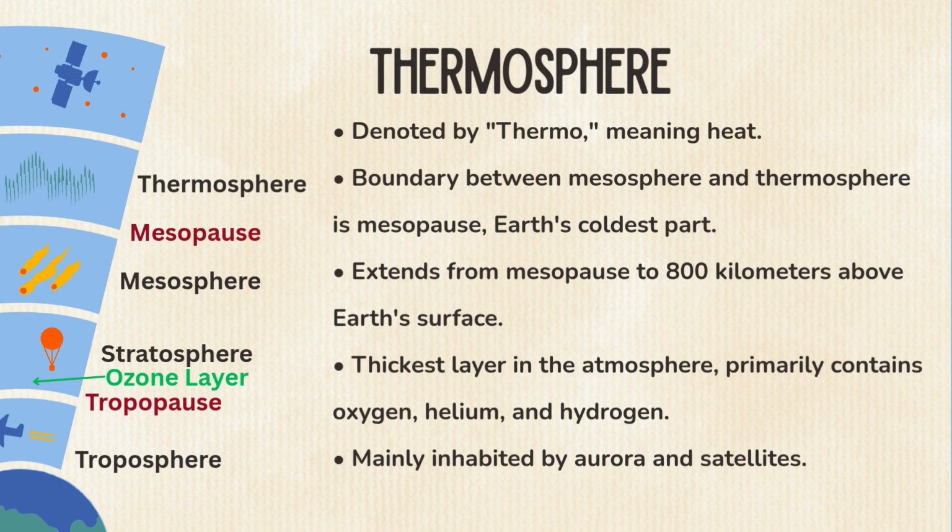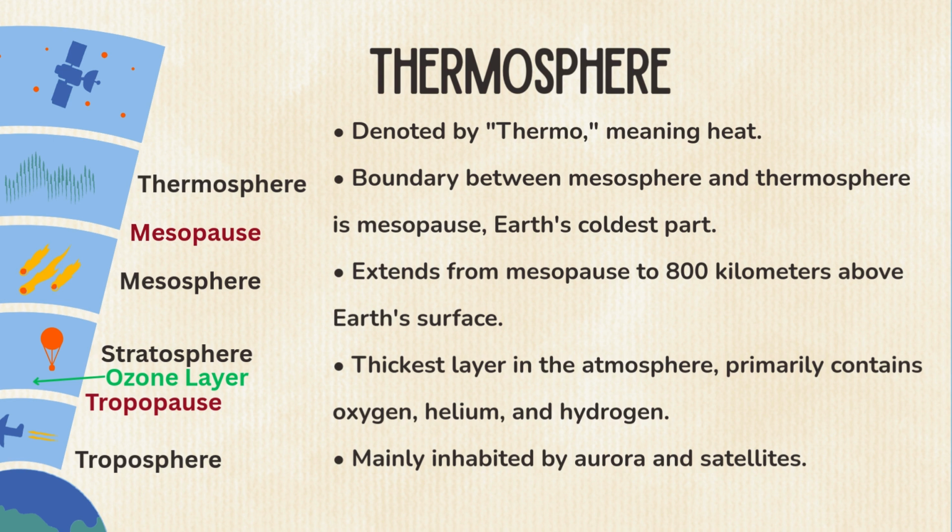The thermosphere, derived from the word "thermo", meaning heat, is the atmospheric layer found above the mesosphere and below the exosphere. It begins at the mesopause, the coldest region of Earth's atmosphere, and extends upward to about 800 kilometers above the planet's surface. This makes it the thickest layer of the atmosphere.